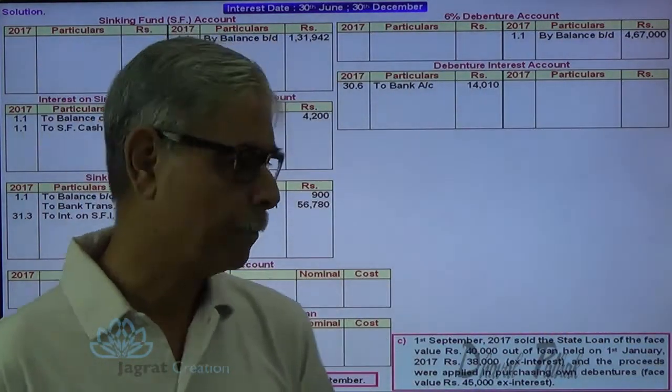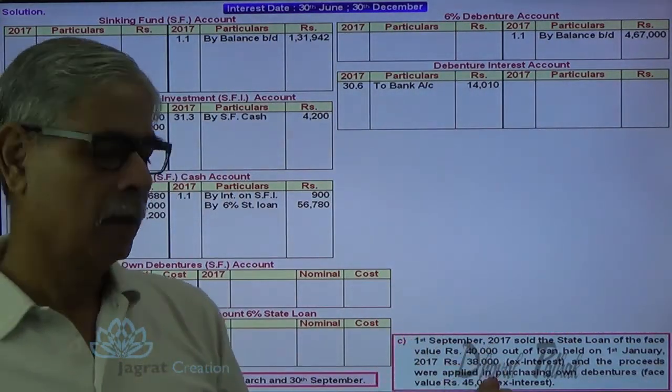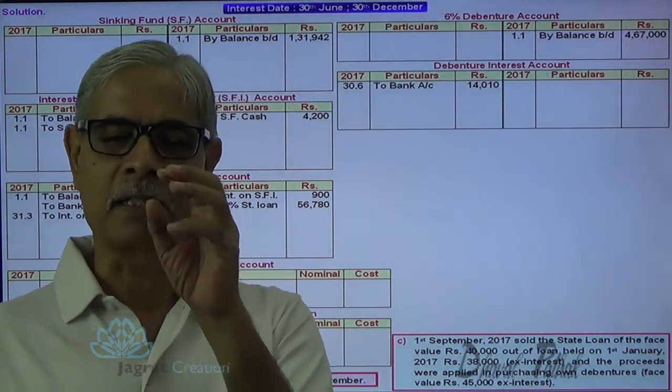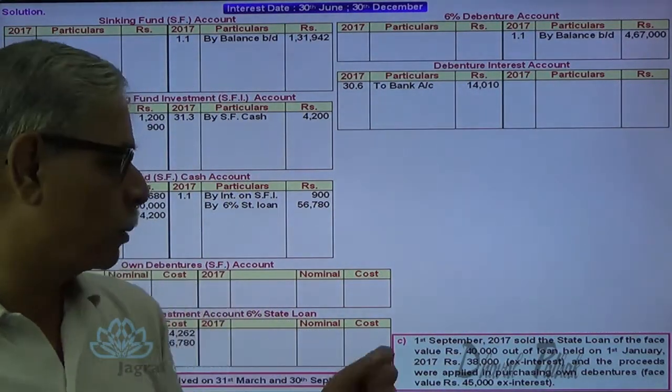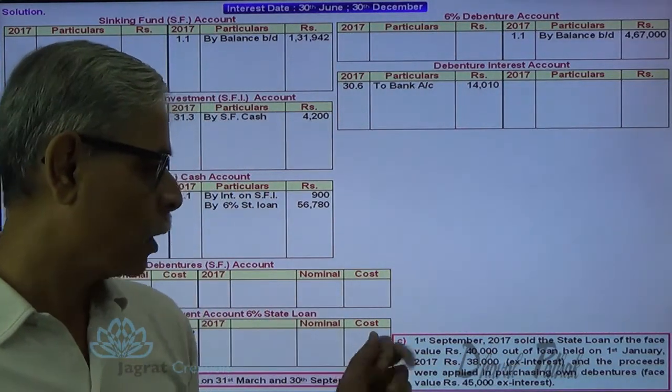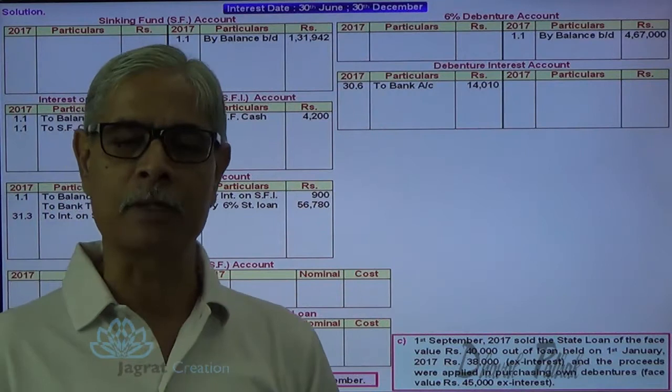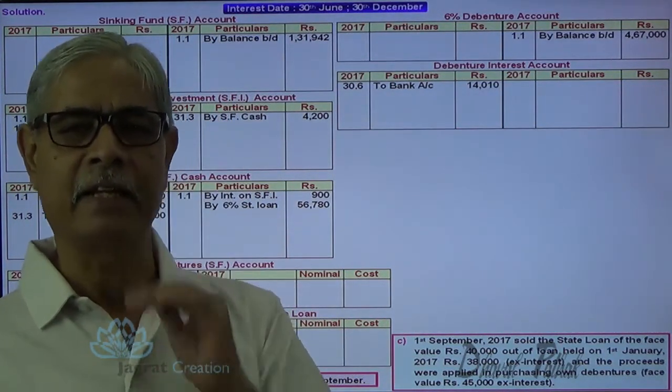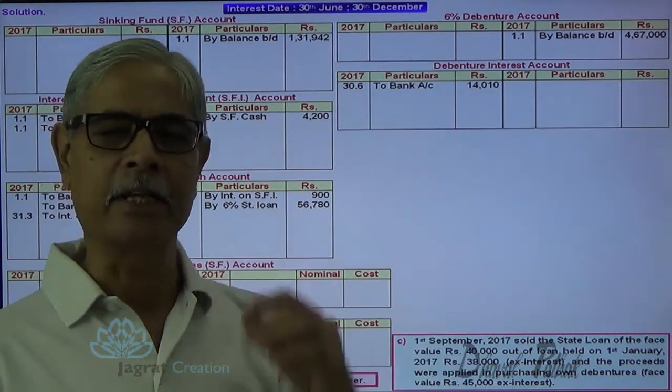Now see, 80,000 was the state loan at the beginning of the year. Out of that, 40,000 is sold. Ex interest 38,000. Now this has been sold on 1st of September. When we sell the security, we receive interest till the date of sale, starting from last date of interest.